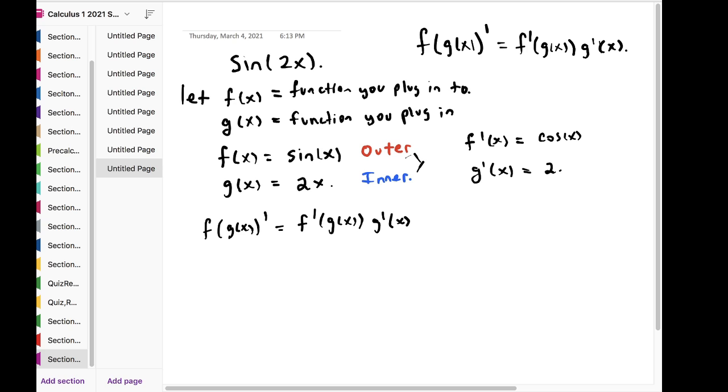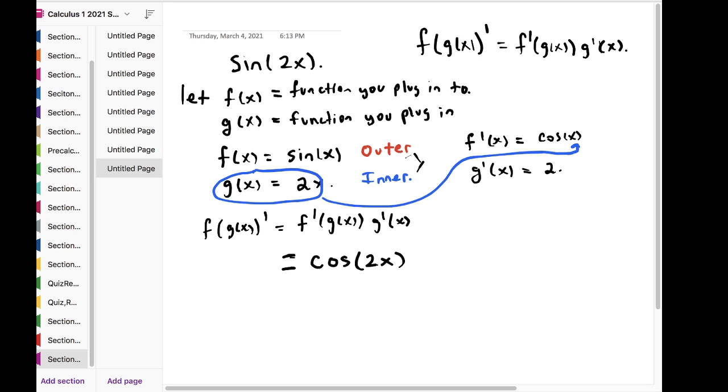Okay, so what's f prime of g of x? I'm plugging g of x into the x for f prime. So f prime of g of x is cosine of 2x, and then multiplied by g prime, which is 2. So 2 cosine 2x.